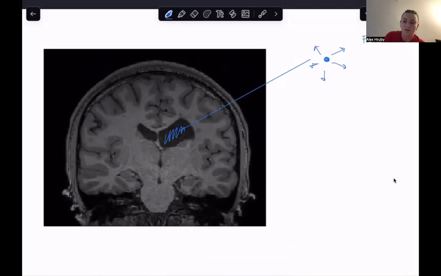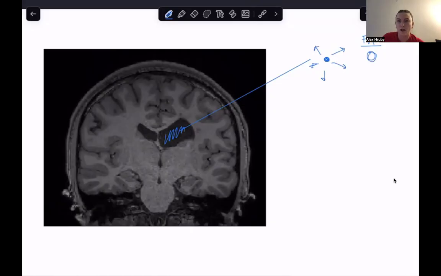That's the FA value that you probably saw if you looked at the IRB, if you looked at the paper that I sent. That's the value that people use when they're looking at diffusion MRI, and it tells you the probability that water is going to move in a certain direction. So with free water, FA is 0 because it can go in any direction, and it doesn't have any preference.